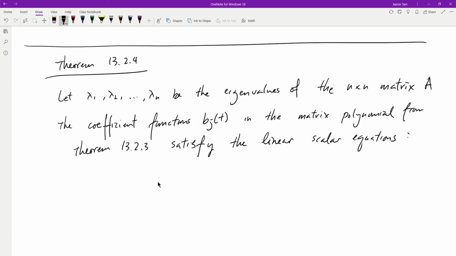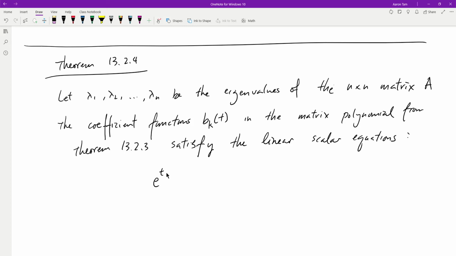The equations will look something like this. You know what? I'm going to use k, because I want to use the index j.